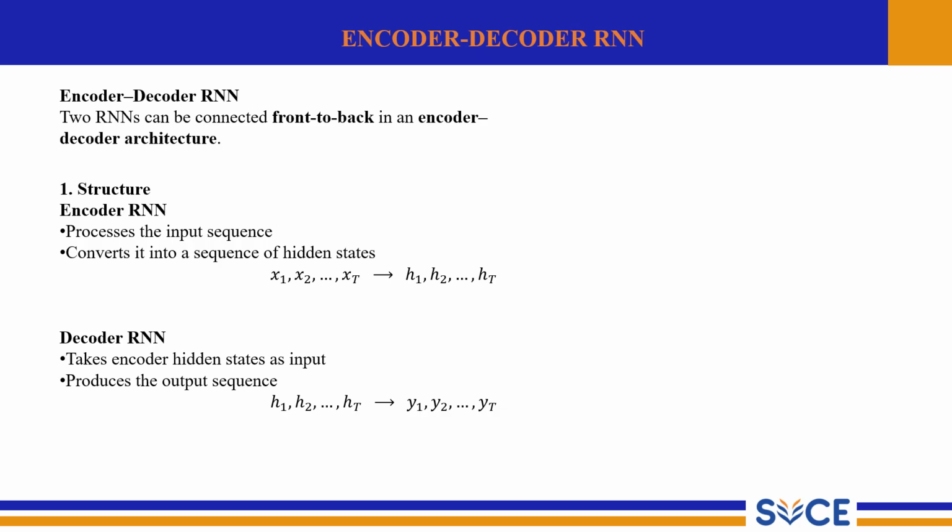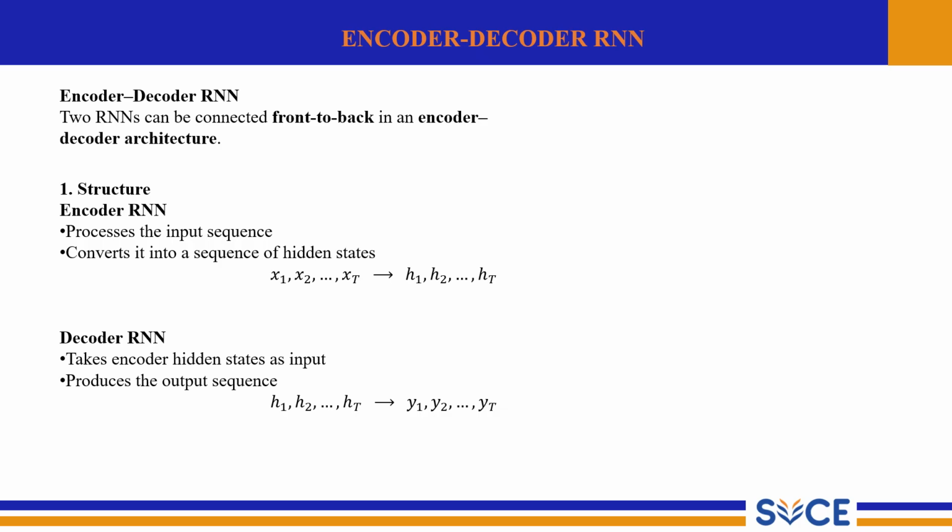Each hidden state captures information about the input seen so far. As the sequence progresses, the encoder builds a compressed representation of the entire input. In simple terms, the encoder is responsible for understanding and summarizing the input sequence.